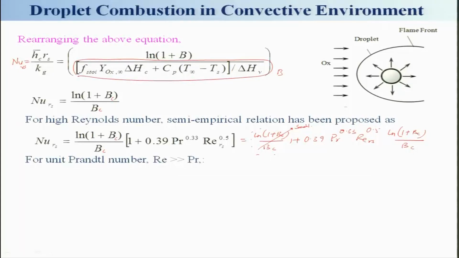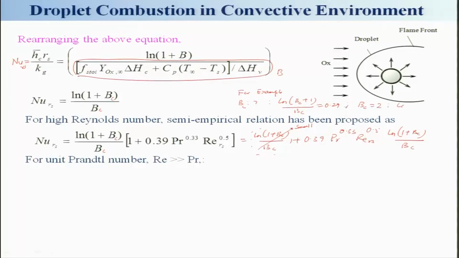I will take an example. Let us see, if B is 7, for example, then what will be ln of BC plus 1 divided by BC, that will be 0.29. Let us take another example, where BC is basically 2.